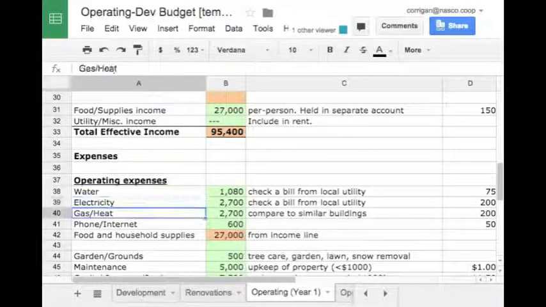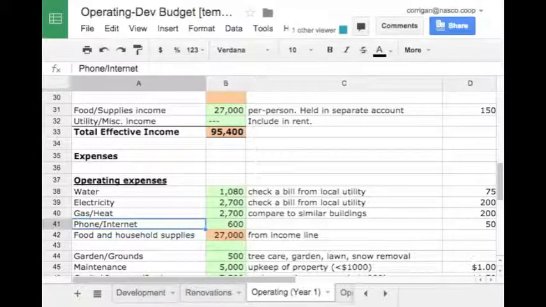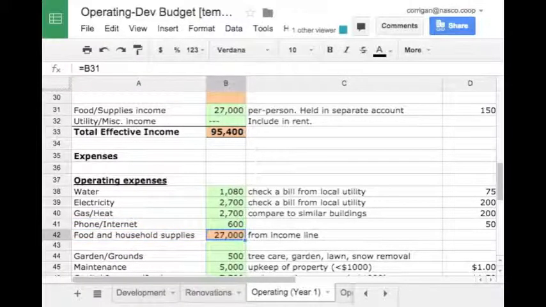Electricity, gas, heat, if you're in a climate that requires heat, and phone or internet or data, television service, and food and household supplies. And here's where I just put $27,000 here to match the amount coming in for income above.